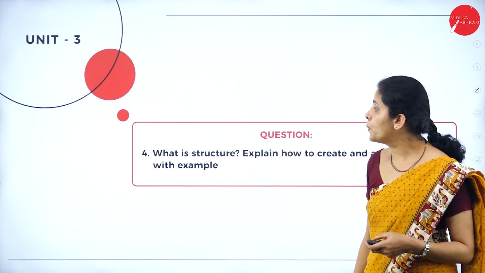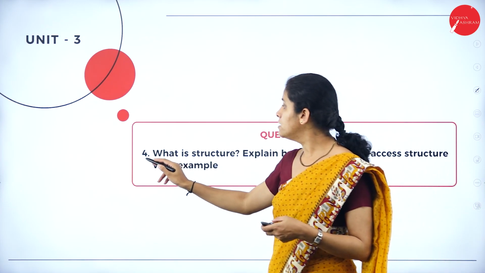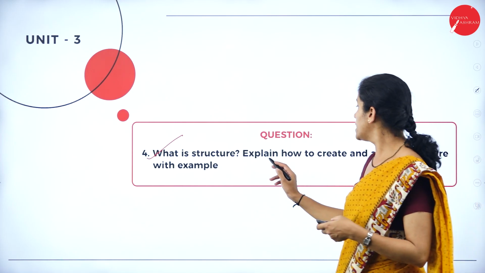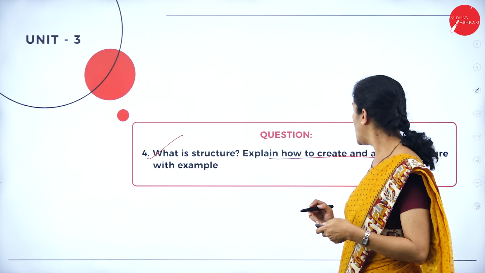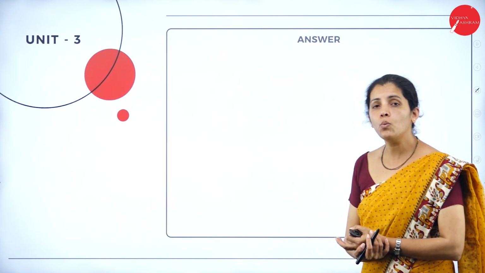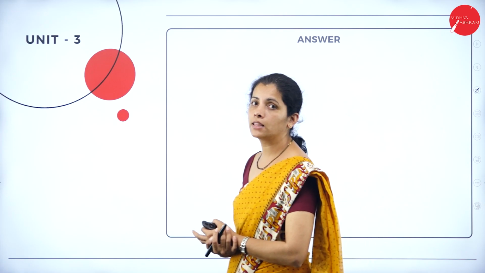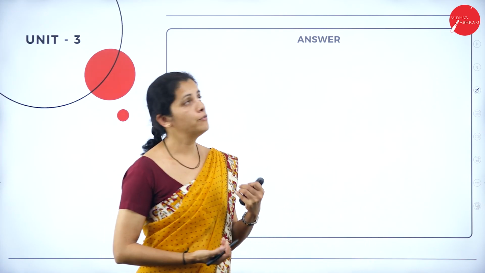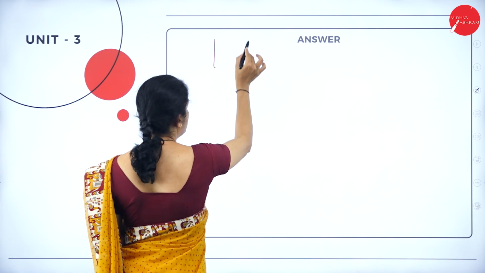Another very important question from unit 3 is: what is a structure? Explain how to create and access a structure with an example. So what is a structure? Structures are nothing but a collection of heterogeneous elements. For example, think that I have a basket.